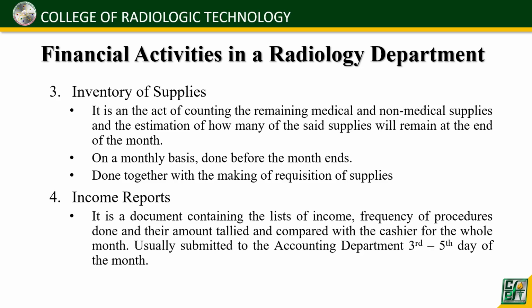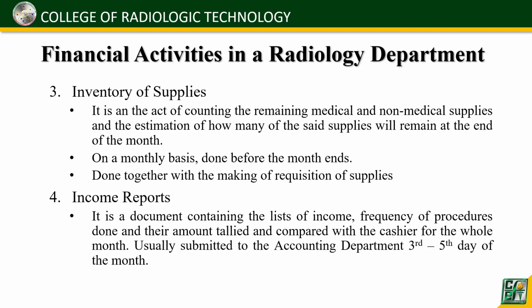Let's say, nagbilang ka ng film or nagbilang ka ng X-ray envelope. So, let's say, may natitirang 50 pieces na X-ray envelope. Pero dahil 28 pa lang ngayon, so normally, ang average daily patient ay say 15.